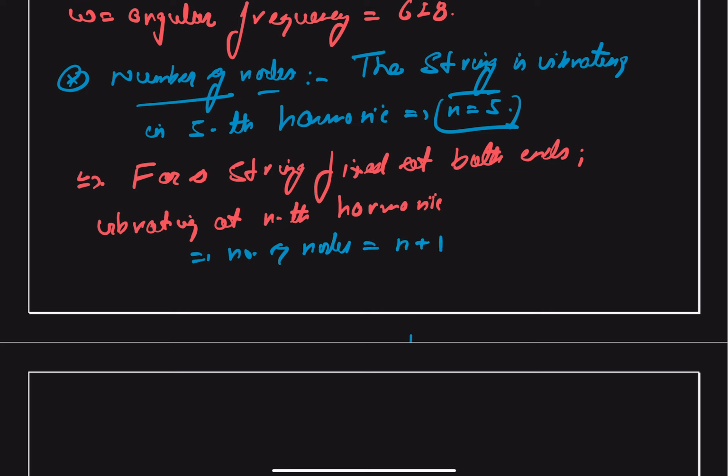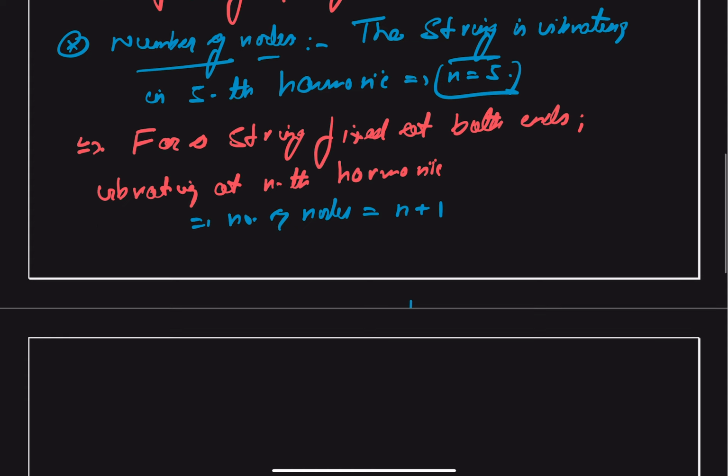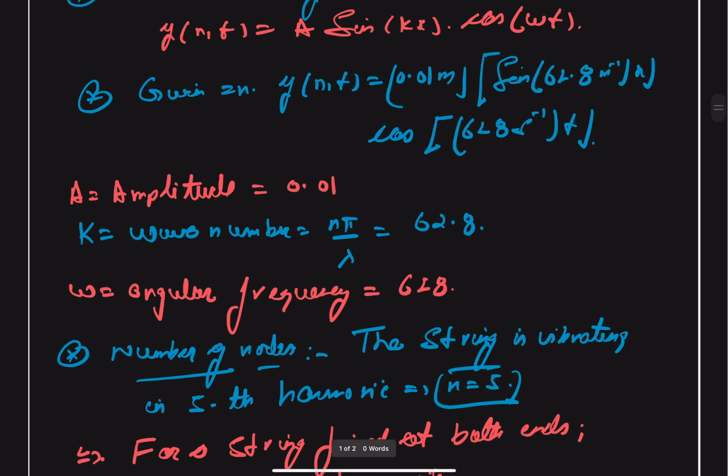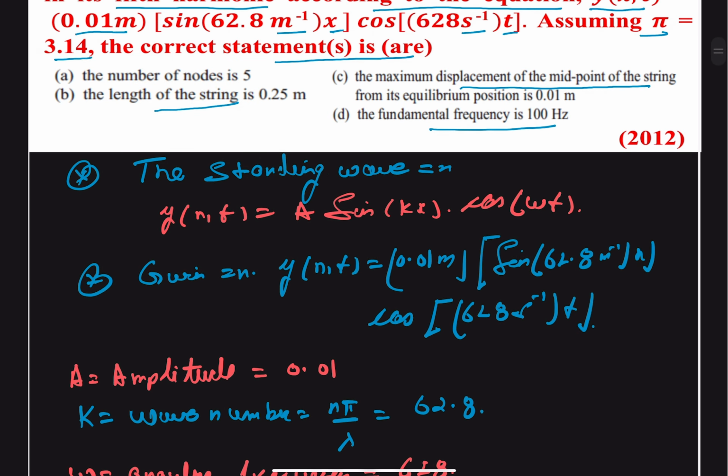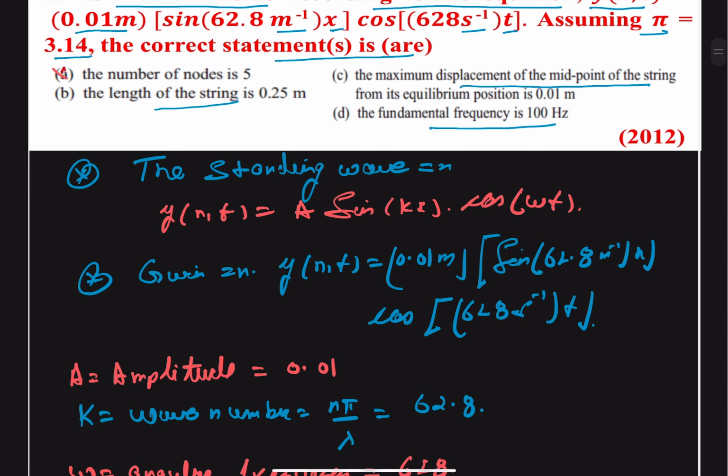And for the given question, the value of n is equal to 5. Therefore, the number of nodes will be equal to 5 plus 1, that is equal to 6. So in option A, it is given that the number of nodes is 5, so this option is incorrect.